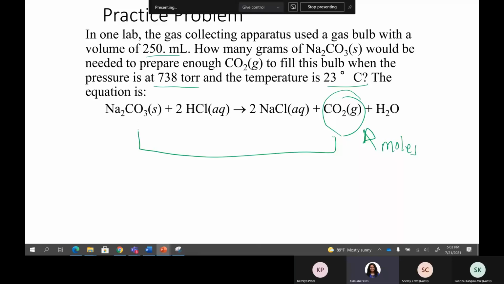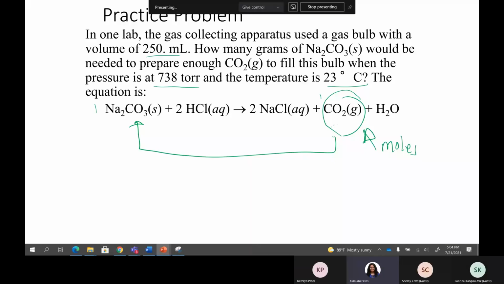Then you relate it to the sodium carbonate, because this is a balanced equation, so you will have the same moles of carbon dioxide as sodium carbonate, because they both have the coefficient of 1.